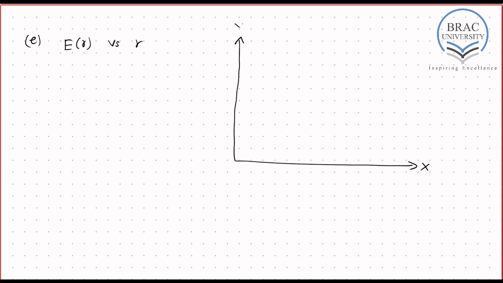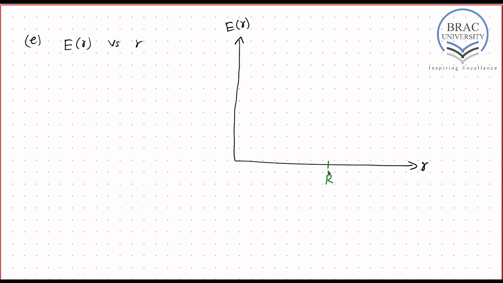So to plot E of r versus r, let me just draw an axis here. This is the x-axis, this is the y-axis, and this is the radius of the actual sphere R. So instead of x-axis, let me label it as small r, and instead of y-axis, let me label it as E of r, as a function of r.